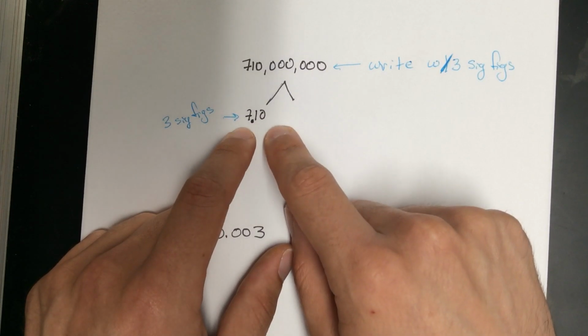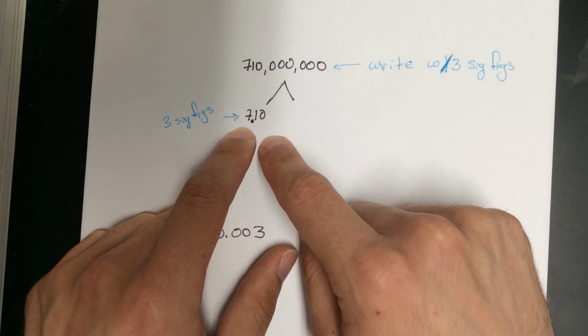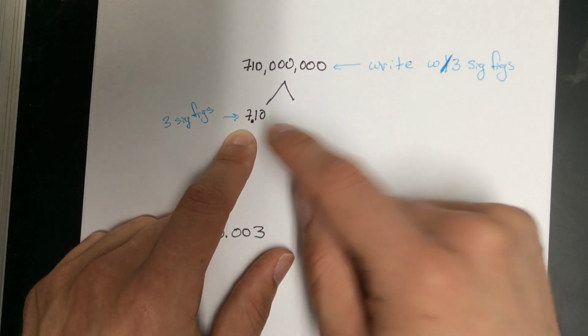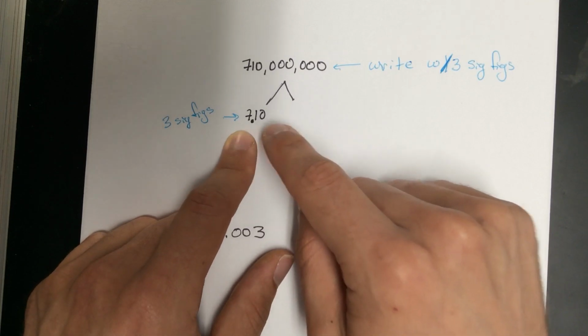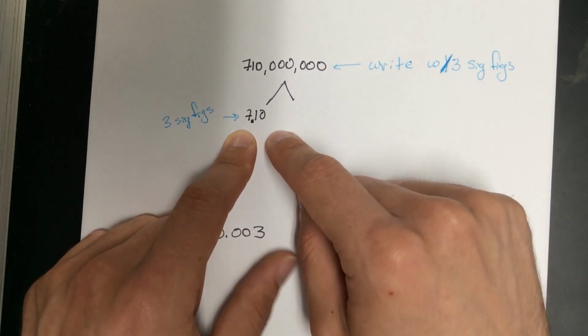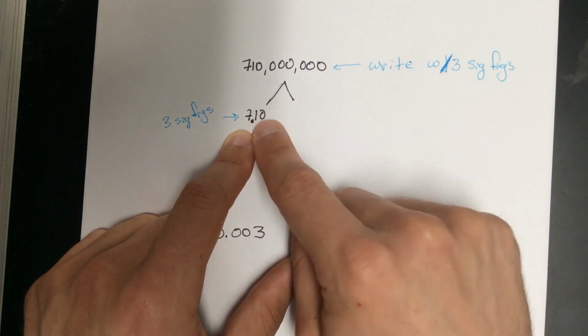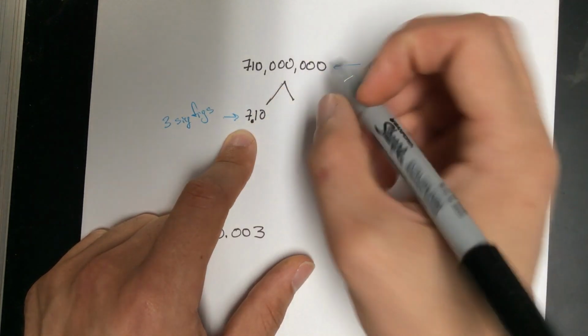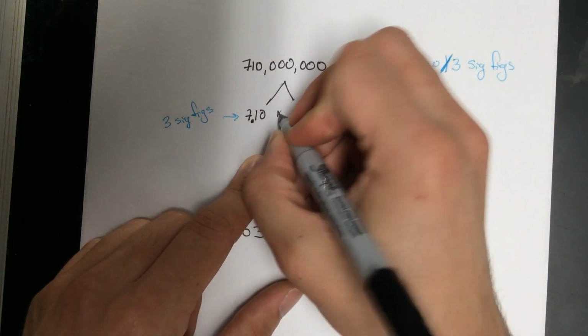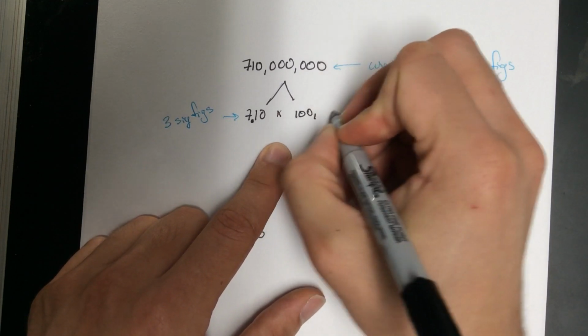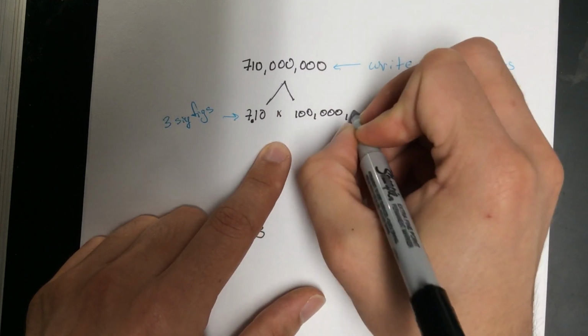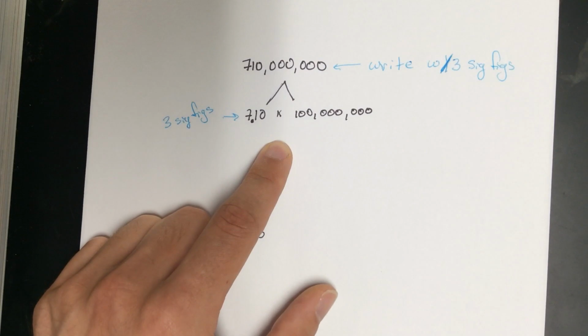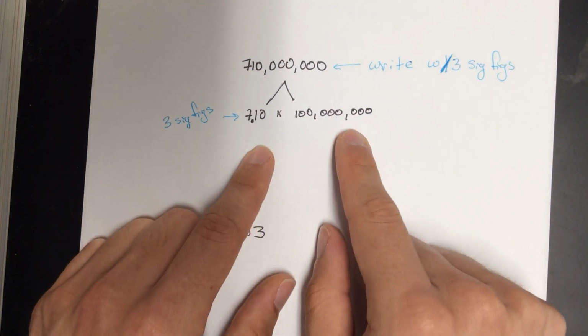And this is why we always factor out our significant figures as a number between 1 and 10, so that the sig figs always come out correctly. When we factor out our significant figures, the other factor is, of course, 100 million, which is kind of long to write.